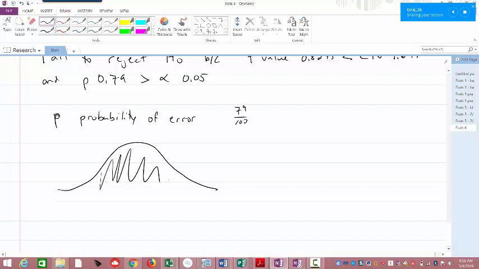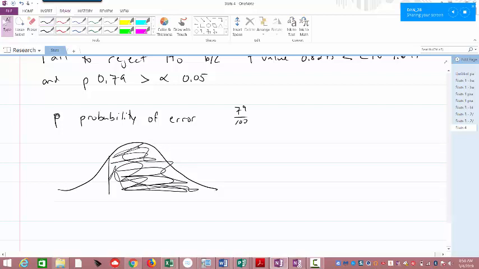And it's pretty much all colored in? Okay.